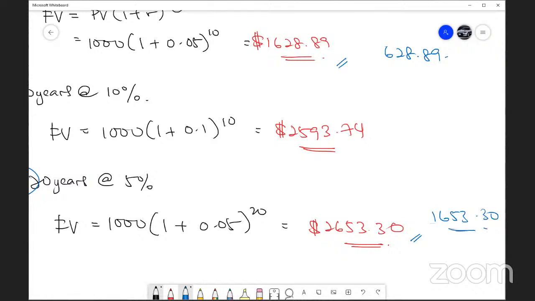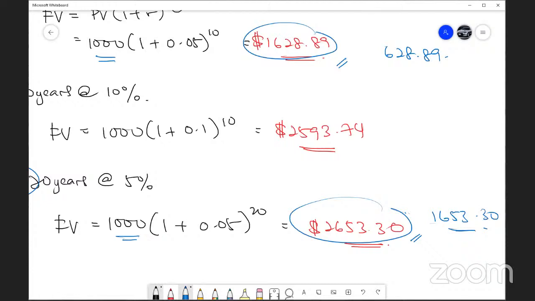Okay, but of course, when you look at the totals, it is not double. Why? Because this includes the initial $1,000. So you deduct the $1,000, then you can see the interest is actually more than double because it's being compounded for another 10 more years. So to answer this question, very simple. The total value here already includes the initial capital.